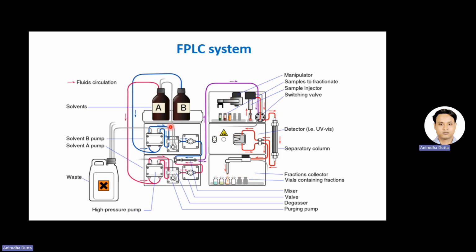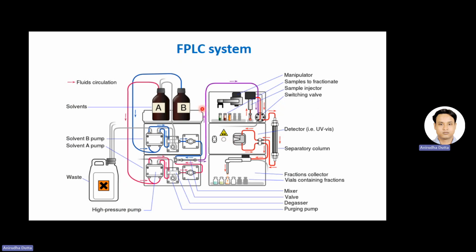So you can see an FPLC system is nothing but pumps and a monitoring system, like a UV detector. As you know, protein absorbs at 280. So if we keep recording the UV absorbance at 280 for the liquid that is coming from the column, then we might get a peak of the protein, from where we can identify exactly in which fraction the protein can be found.